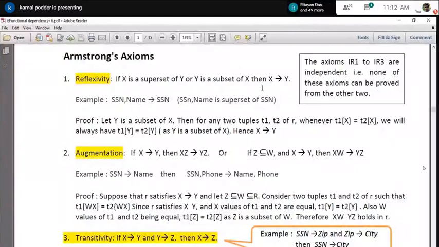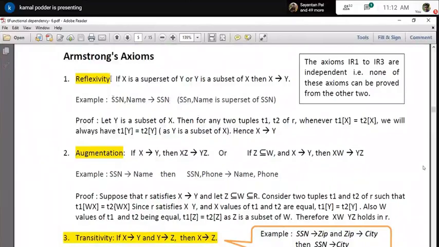Let's take an example, then it will be more clear. Say SSN number depends upon SSN number and name. Now you see that SSN number and name is a superset of SSN number.